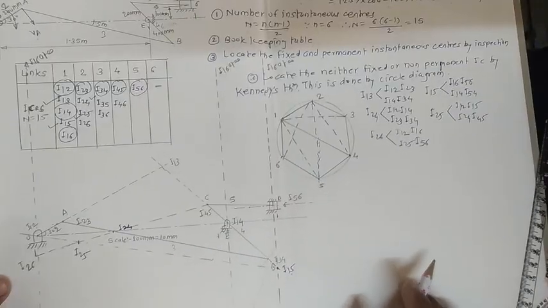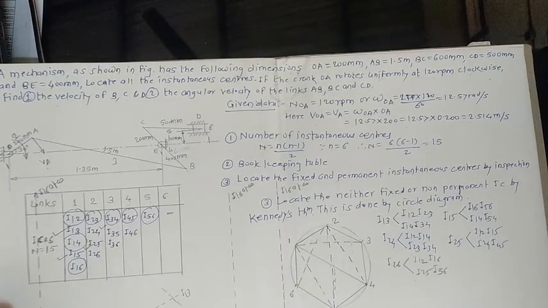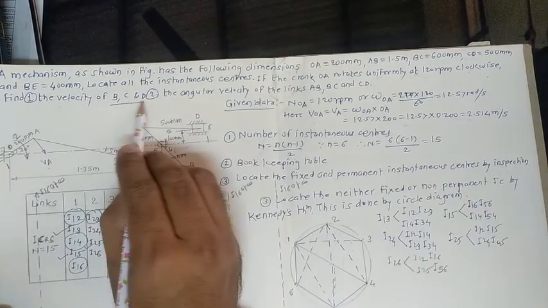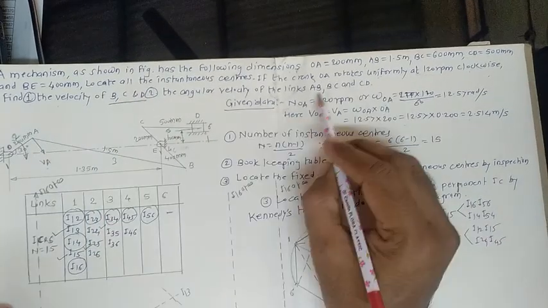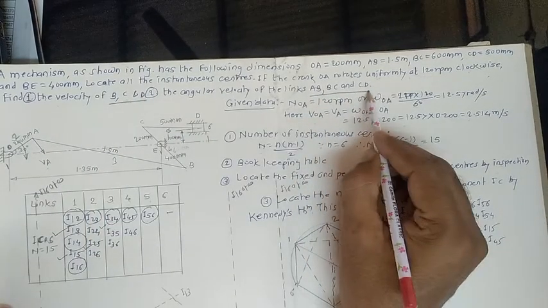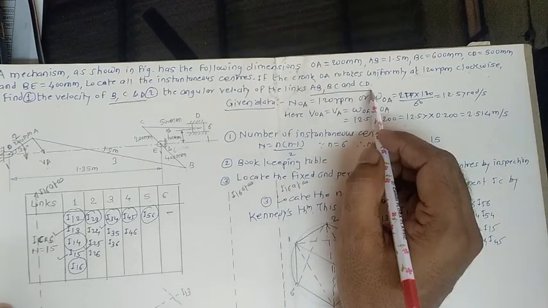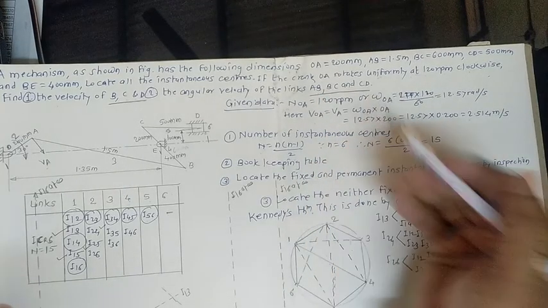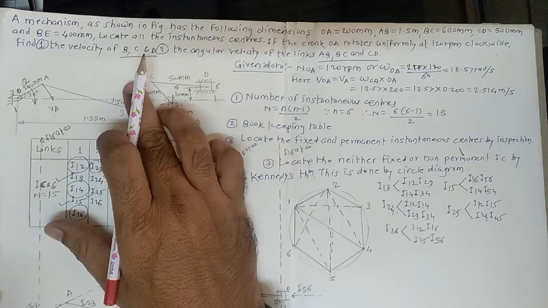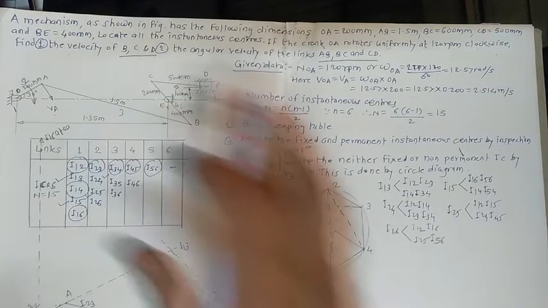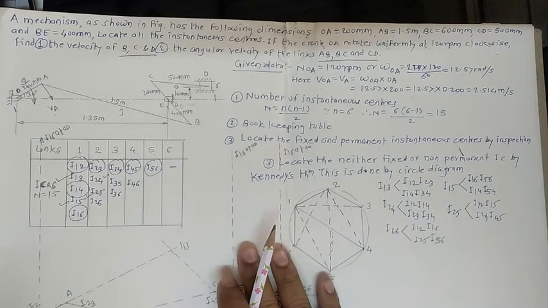But one thing keep in your mind: according to whatever the problem given, here velocity of the BCD, you have to do calculation for the same, and here you have to do calculation for the angular velocity of AB, BC and CD. So in this problem, whatever the required part, for that you should locate the instant centers.